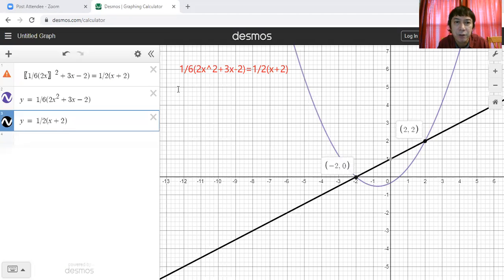So those are the answers, x equals -2 and x equals +2, and we shall prepare to write it in our problem set paper. So x equals -2 and x equals 2 are the roots of the given equation. We're going to proceed there.